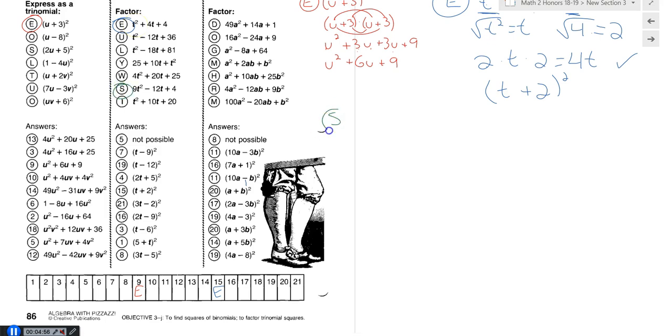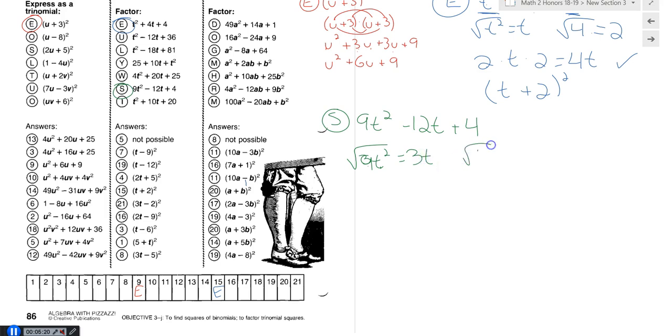So same type of thing. We have now 9t squared minus 12t plus 4. So the square root of, getting ahead of myself, 9t squared. The square root of 9 is 3. The square root of t squared is t.